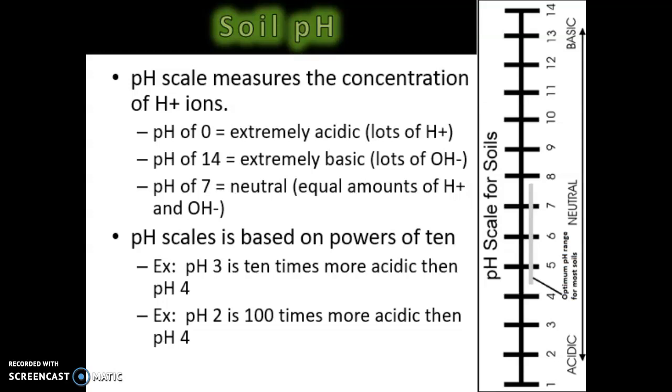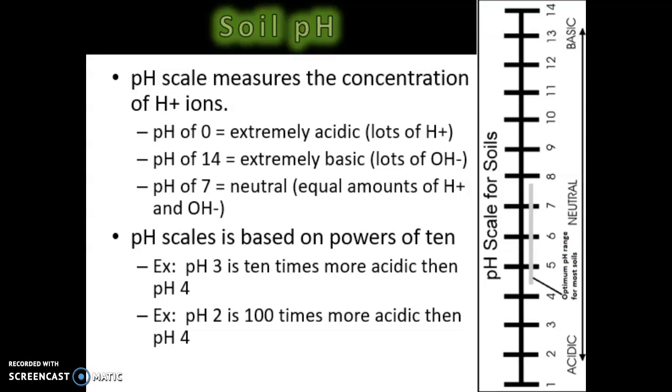And if you have a third acid with a pH of 2 and you compare it to the acid with a pH of 4, that pH of 2 is 100 times stronger. So small changes in the pH scale are big differences in how strong an acid or a base is. Basically, every time you move one pH level down, it's like multiplying by 10.